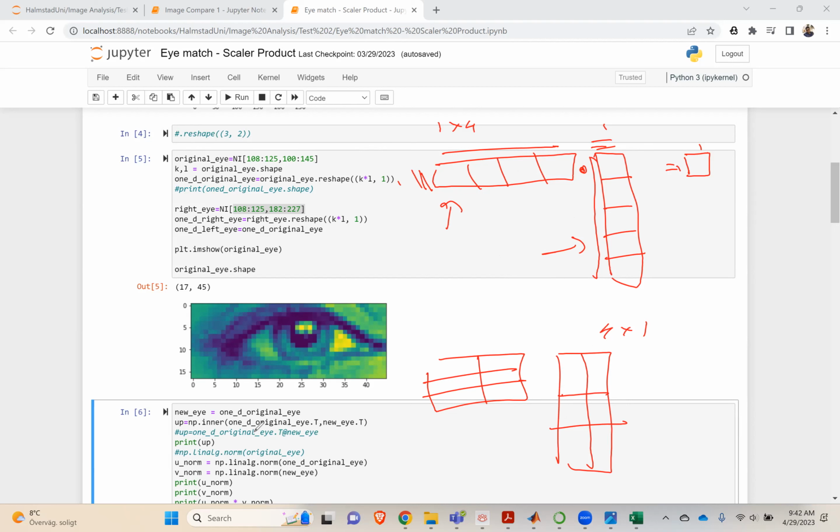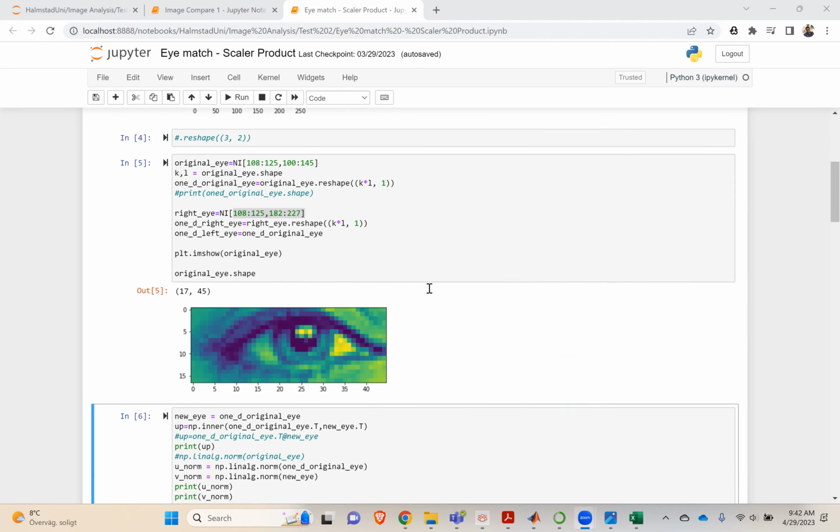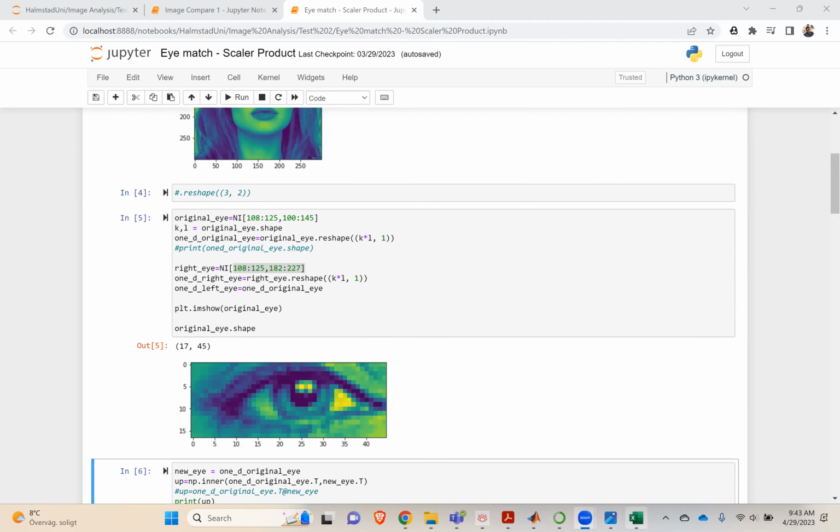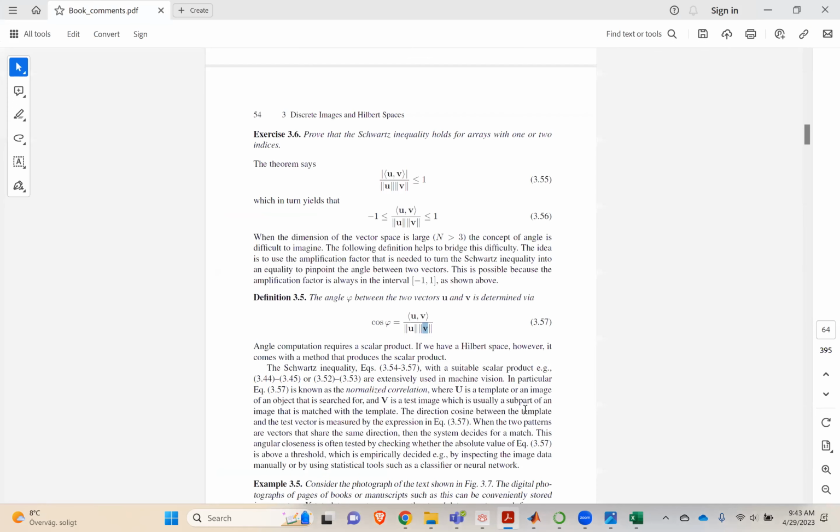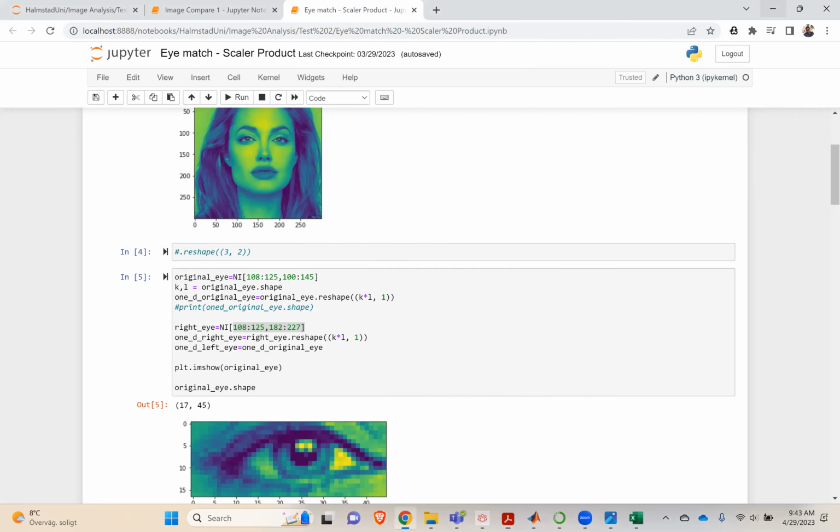Because I converted into 1D in the program, I didn't use any summary command. If it is a 1D vector, you don't need to take a sum. It gives you one value.